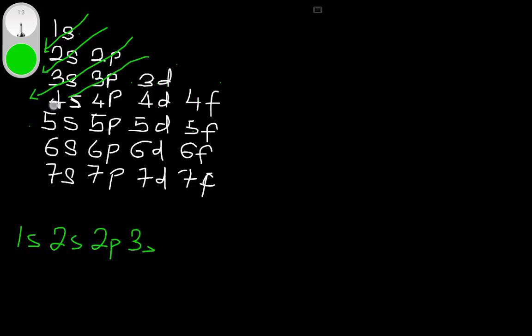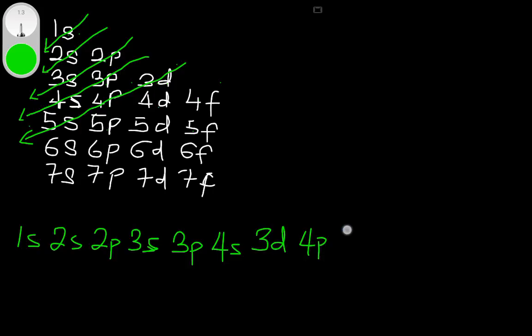After 3s, the next will be 3p, then 4s. Then after 4s we'll get 3d, 4p, 5s. And that's how you go from here. You keep going. That's how it works.